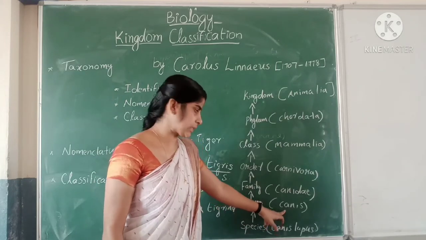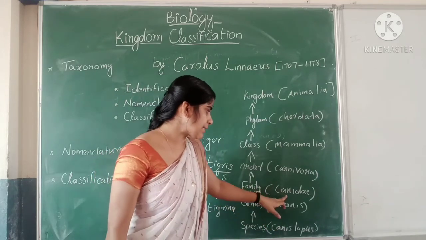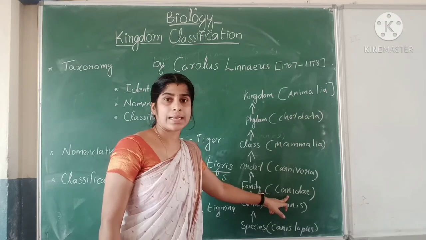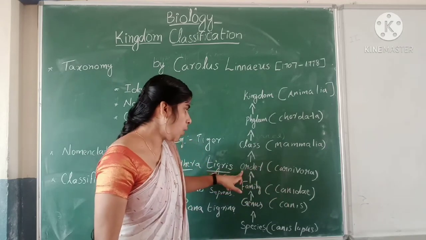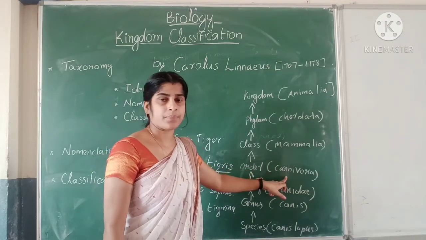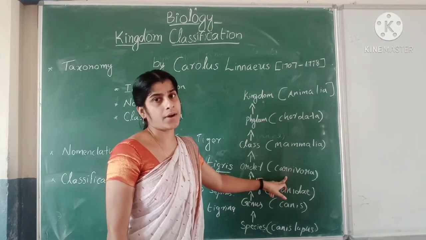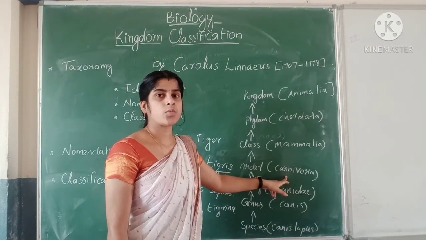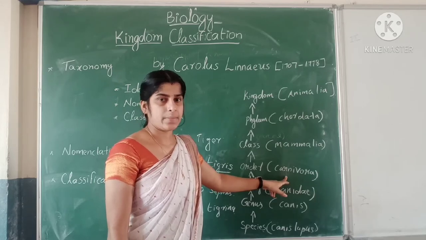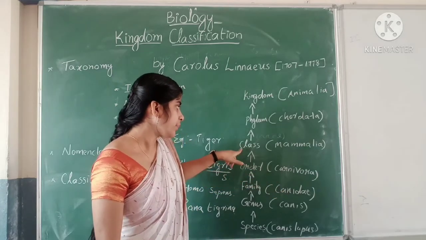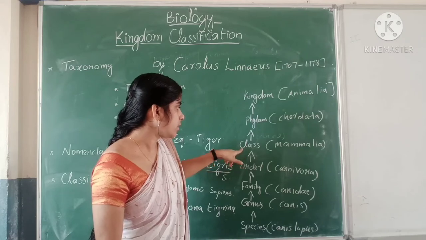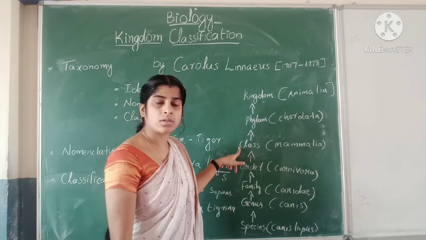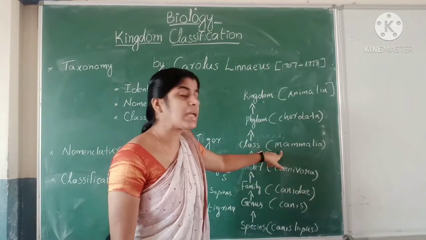Family, that is Canidae. Order, Carnivora. Why does it come under Carnivora? Carnivora means flesh eating animals. And the dog comes under the class Mammalia.